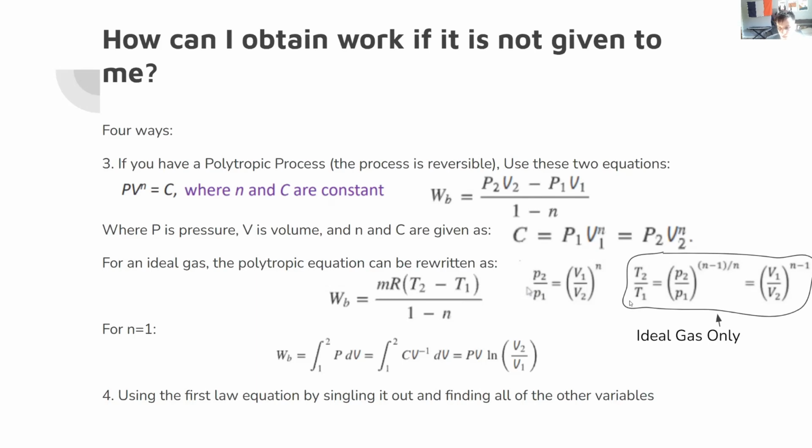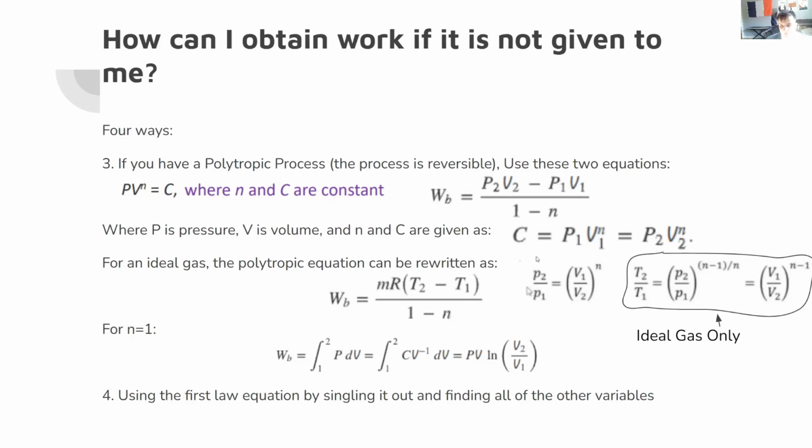And thanks to that, you can also rewrite the p times v to the power of n in these forms, which again I would recommend that you learn by heart. I know it's a lot to memorize, but a good way to memorize is just to do so many exercises that it's stuck in your brain. That's how I did it, and you just memorize these equations by heart using that method.